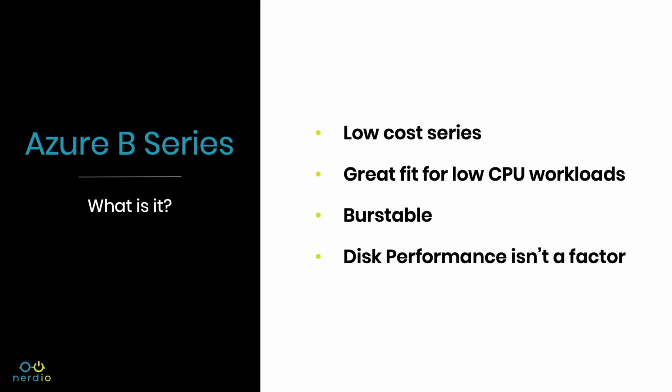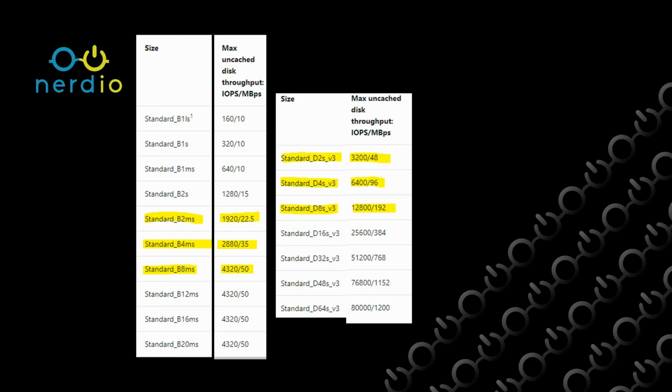So Azure B Series, low-cost series, great fit for low CPU workloads, burstable series. One huge consideration that we'll talk about is disk performance shouldn't be a factor if you're going to use the B Series, as it does have some limitations. Specifically, if we look at this slide, in these two columns, I have the B Series sizes and their actual disk throughput limitations in IOPS and megabits.